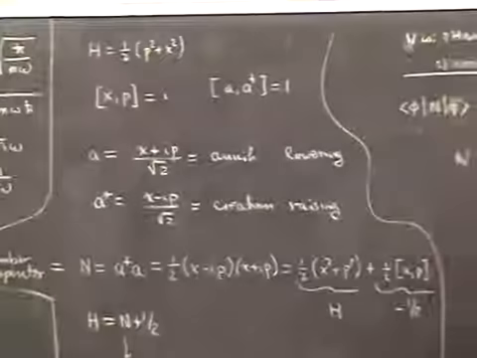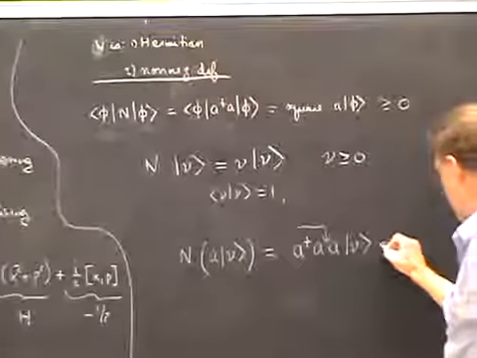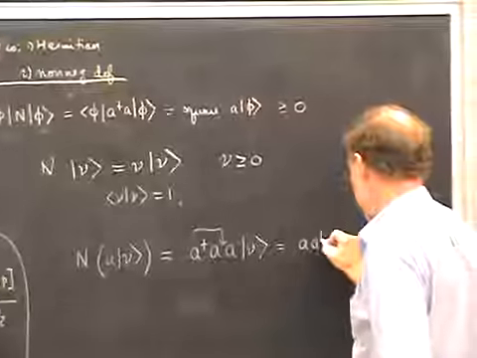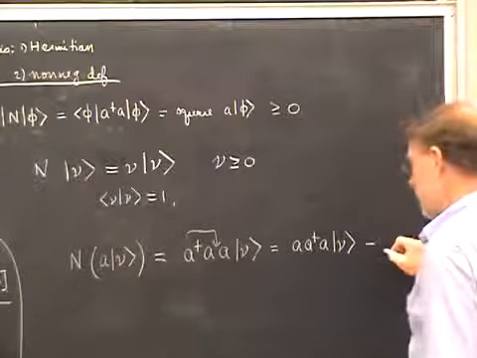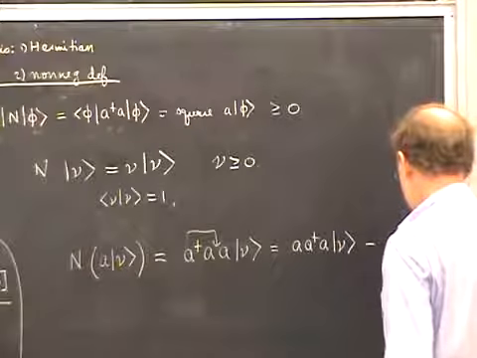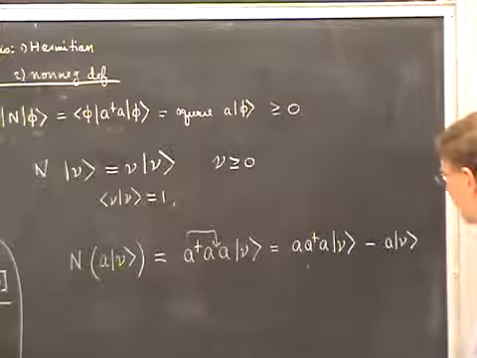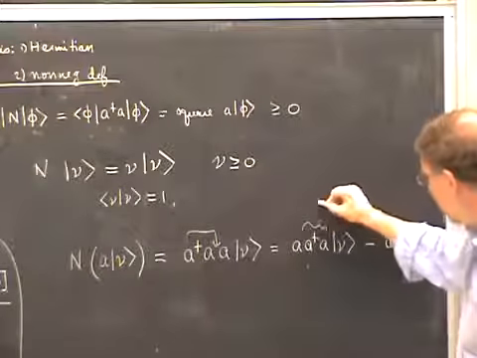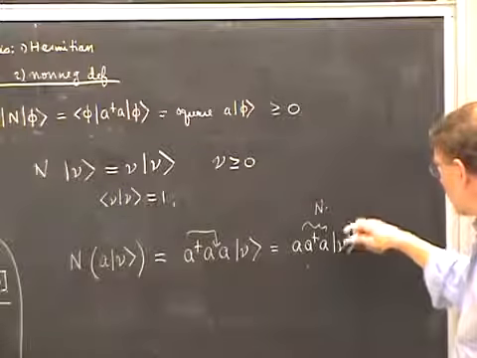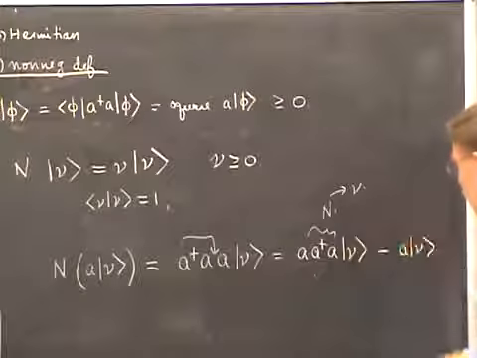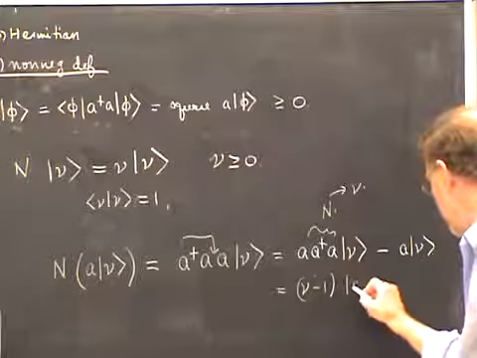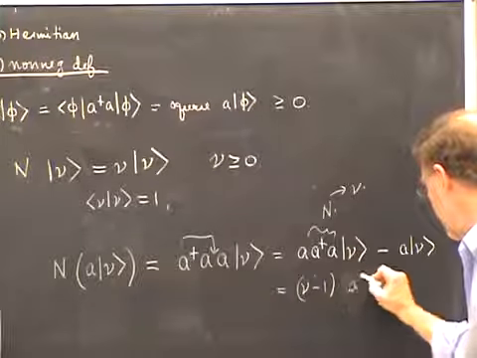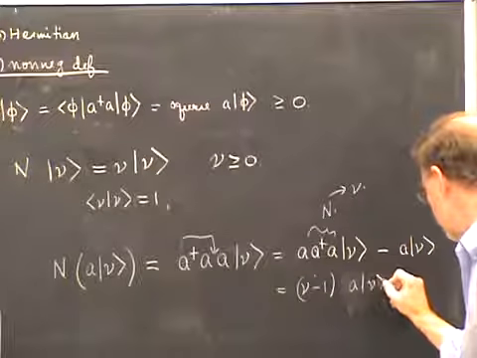And so this A dagger A becomes A dagger times A acting on nu, with a minus sign, of just A acting on nu. However, A dagger A is n. The n acts on nu and brings out nu itself. And so the right-hand side is nu minus 1, multiplying A acting on state nu.